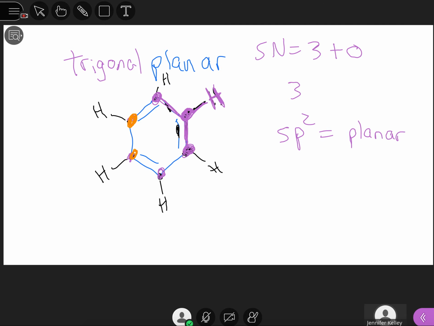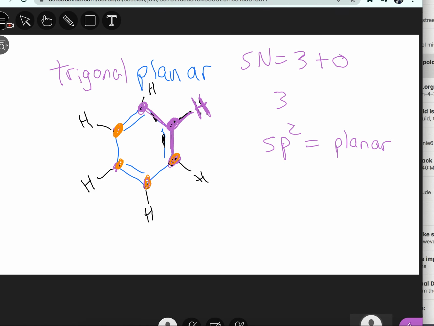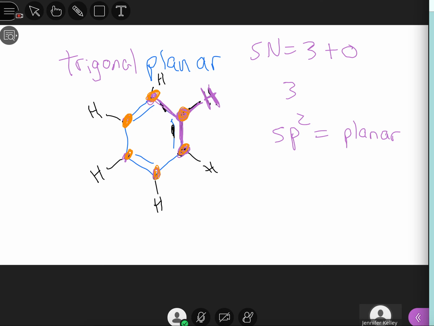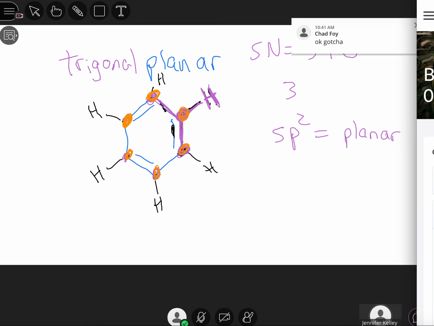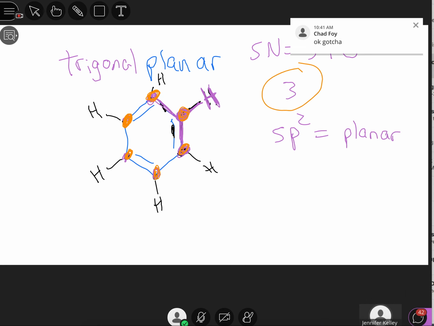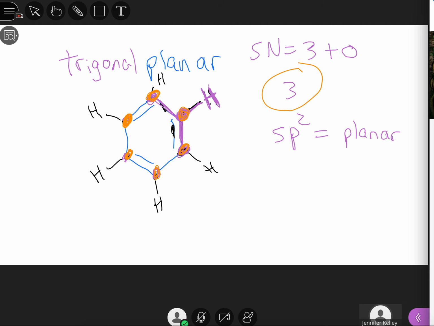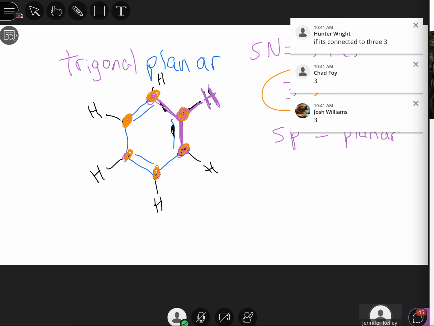So at each one of these corners, those are carbons. And the hydrogens are stuck to the carbons. So now we've calculated the steric number to be 3. So how many fingers do we hold up? 3.